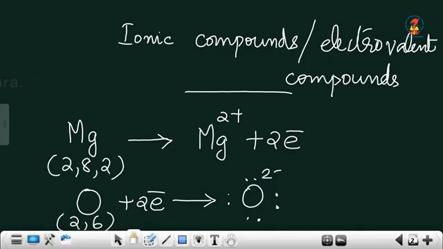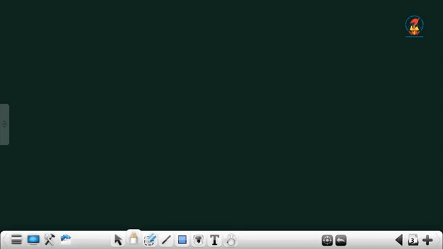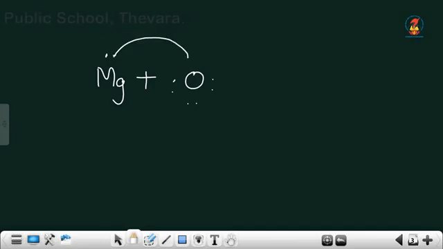In the formation of magnesium oxide, we can see the electron dot structure, how the electrons are transferred. For Mg, we show only the outer electronic configuration, the 2 electrons, and it reacts with oxygen with 6 electrons. So 6 electrons are already there in the oxygen outermost shell, and these electrons will move there and it will complete its octet configuration.